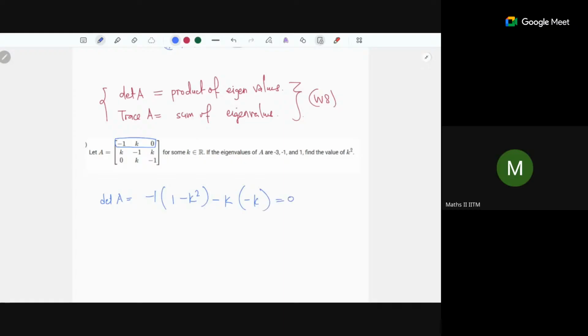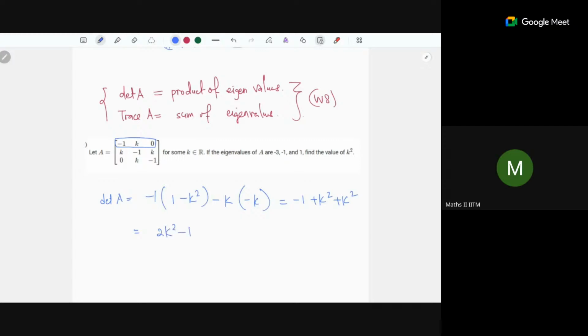So this would be minus 1 plus k squared plus k squared, which gives you 2k squared minus 1, right?